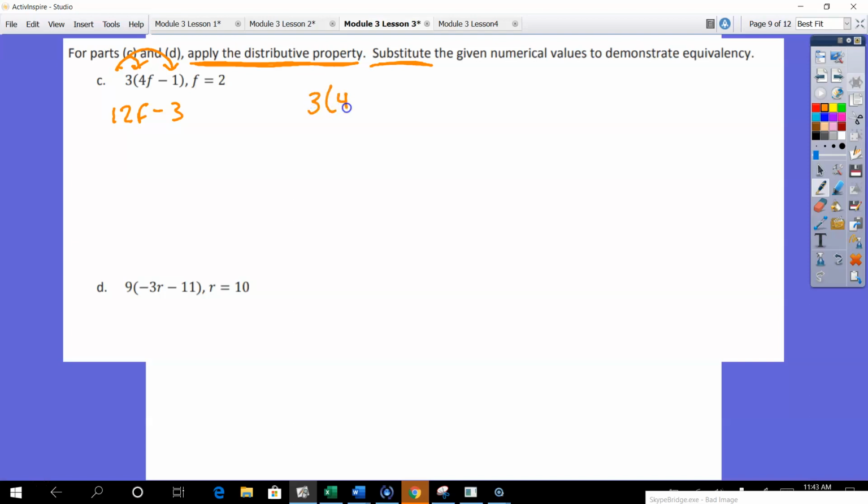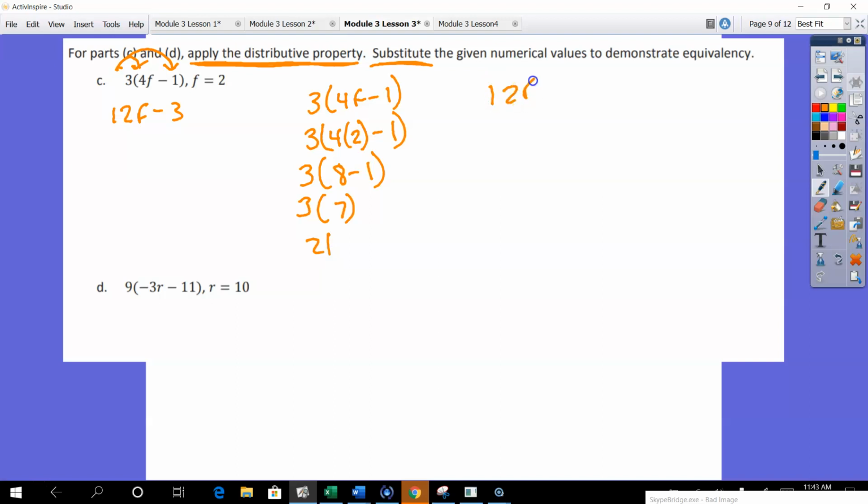3 times 4f minus 1. So 3 times 4 times f of 2 minus 1. 3 times 4 times 2 is 8 minus 1. 3 times 8 minus 1 is 7. 7 times 3 is 21.